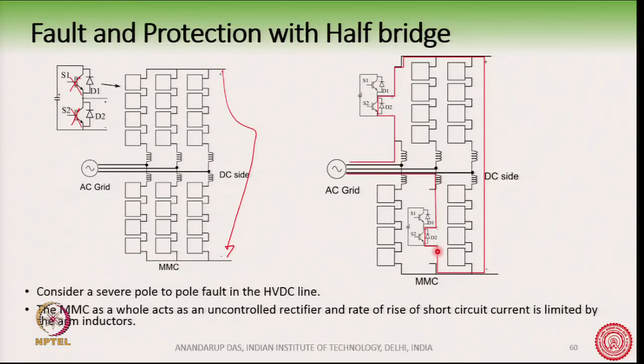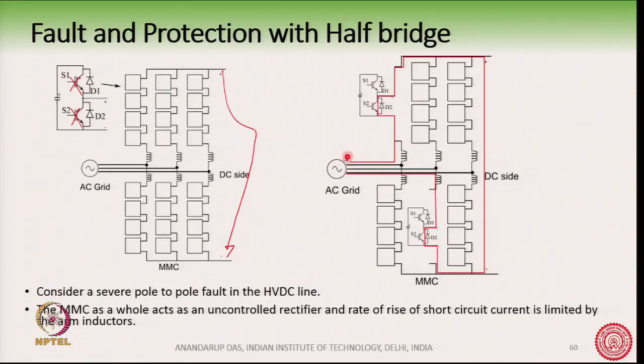Now, there is a fault here, as you can see there is a DC pole to pole fault, and sensing this fault, we have shut down the IGBTs. However, the diodes are still conducting, and you will see that there is a path for the current to flow.